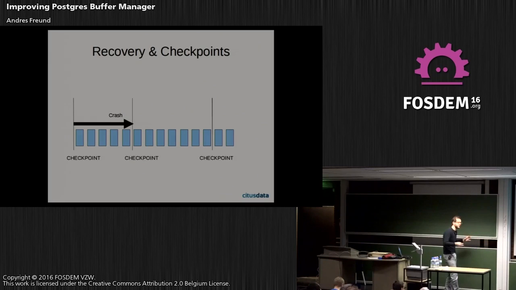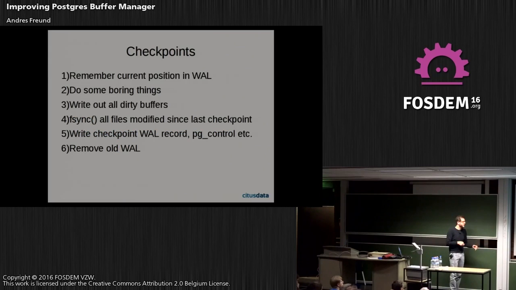So every now and then what we have to do is create a so-called checkpoint, which means if we create a checkpoint, we can remove all the logs that were created before that, and if we crash, we then can start not from the beginning, but from the point where we created the checkpoint.